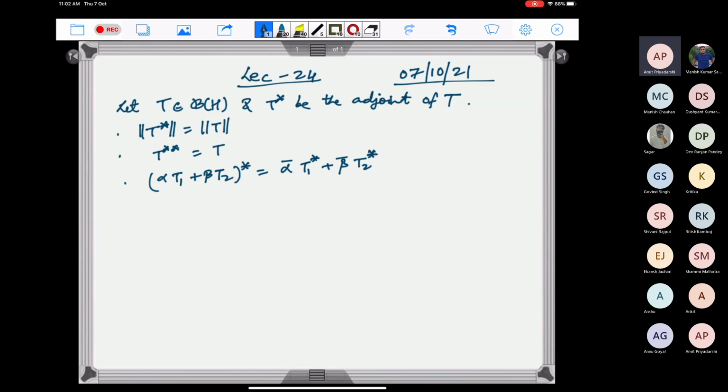So T going to T star, if we have a complex Hilbert space, that is not a linear map, that is a conjugate linear map.